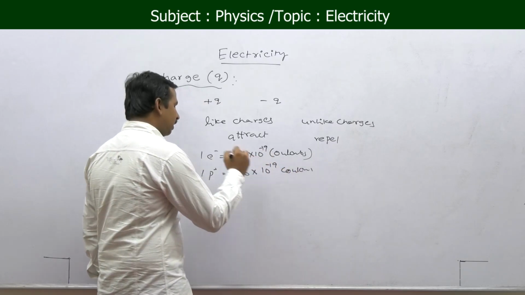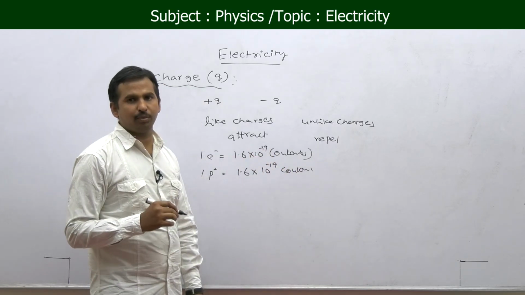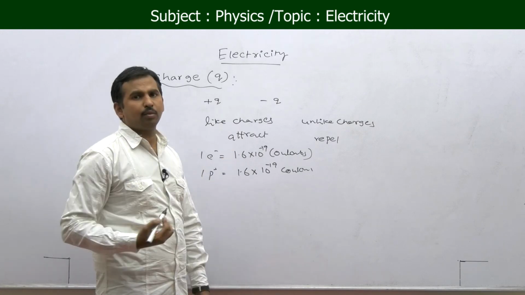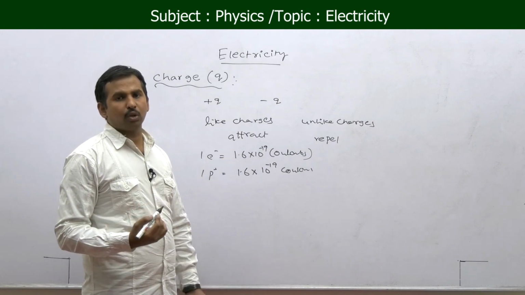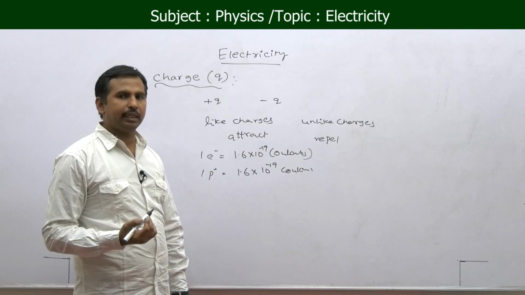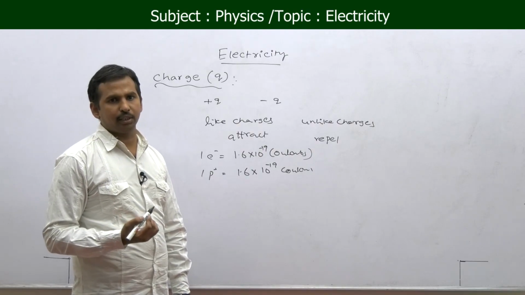One is negative and one is positive, plus Q and minus Q. So unlike charges attract each other and like charges repel each other.